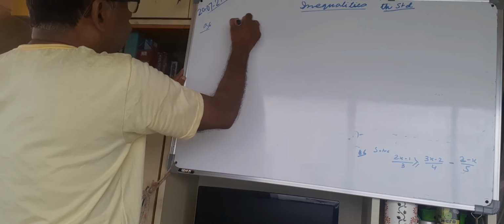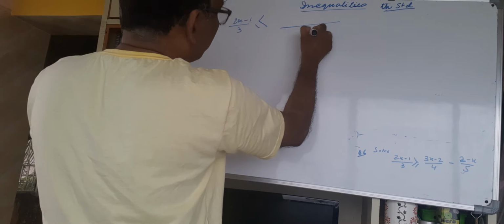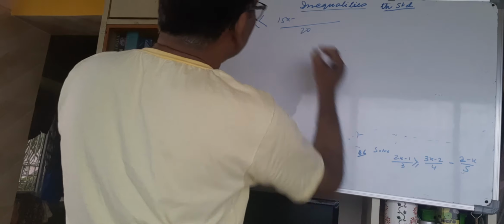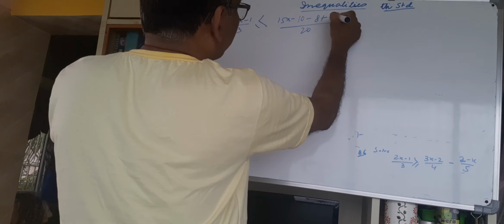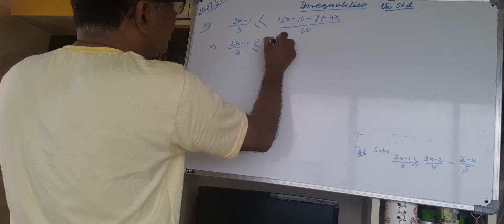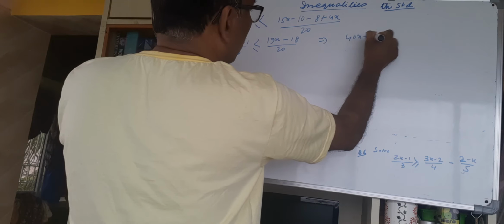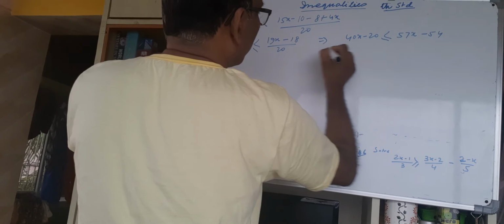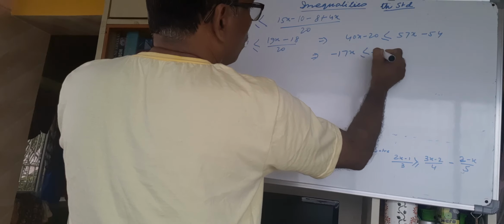Question number 6. 2x minus 1 by 3 less than equals, doing subtraction, 20 is LCM. 15x minus 10 minus 8 plus 4x implies 2x minus 1 by 3 less than equals to 19x minus 18 by 20 implies 40x minus 20 less than equals to 57x minus 54 implies coming left hand side, that is minus 17x less than equals to minus 34.